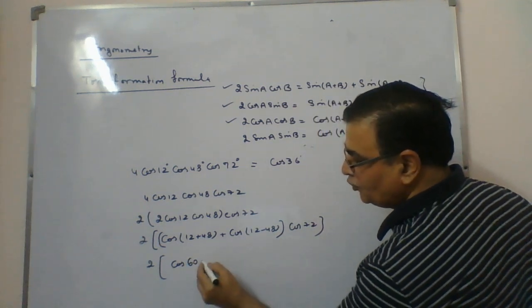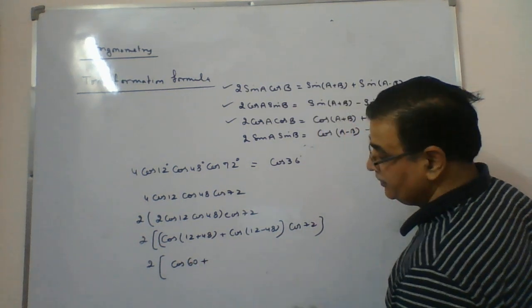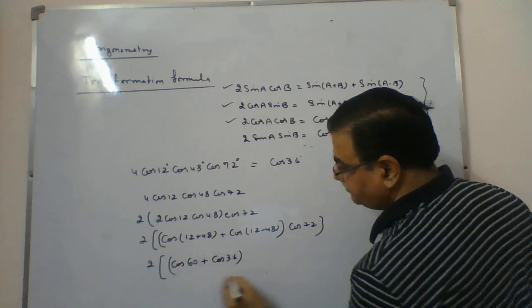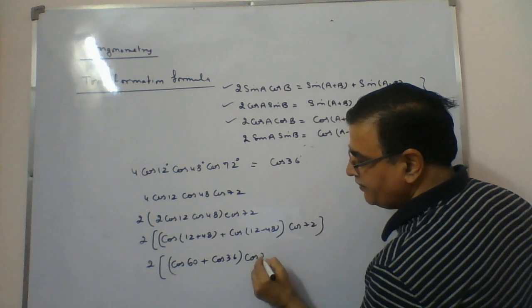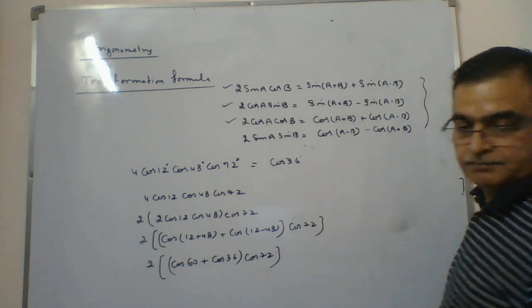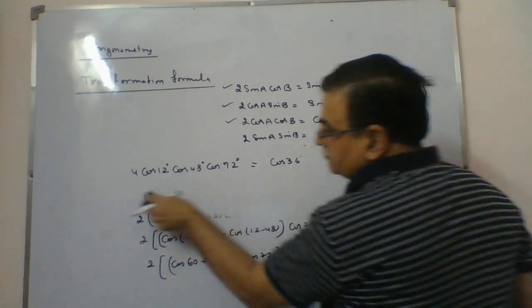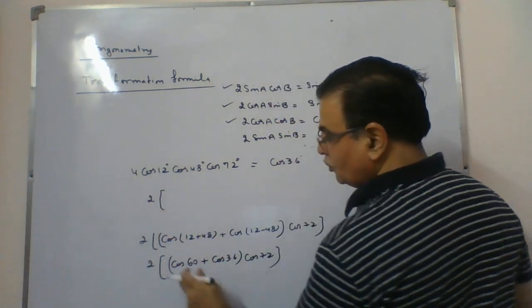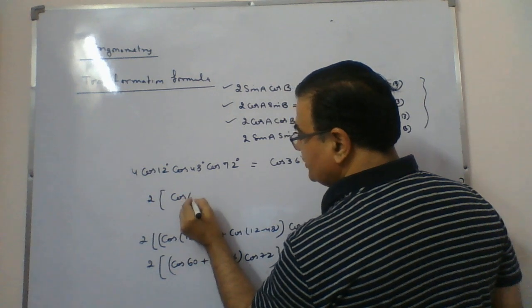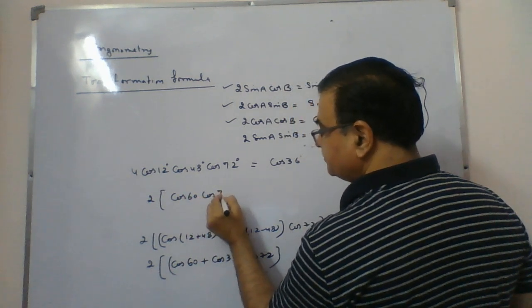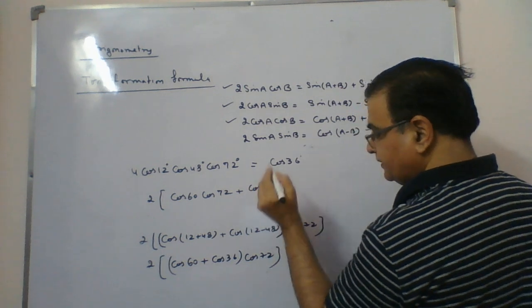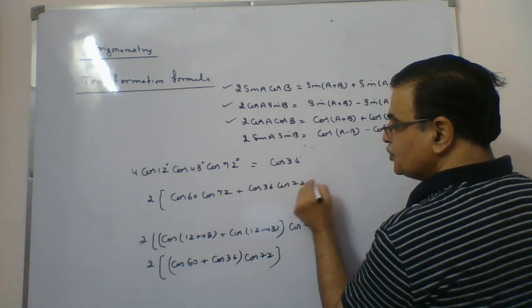And here, cos of minus theta is cos theta, so it will be cos 36. And here it is cos 72. Then I'll write 2 already out, cos 60 cos 72 plus cos 36 cos 72.